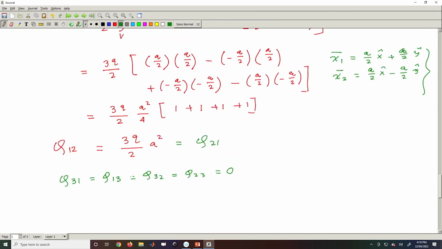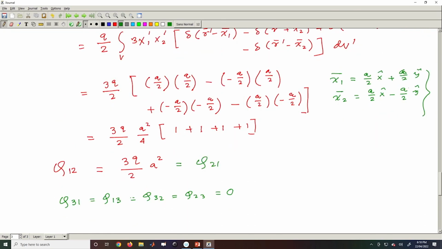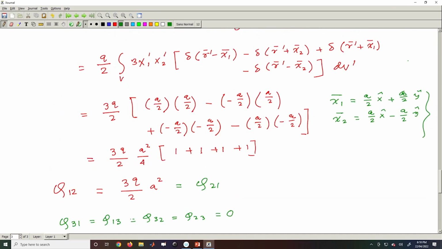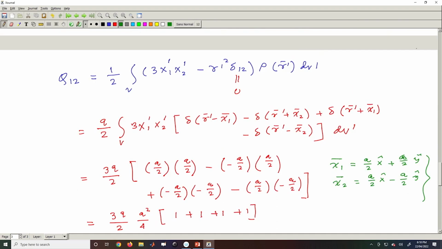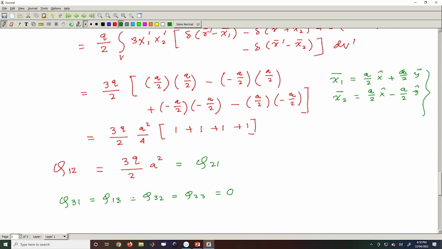Why? Because this is two dimensional, there is no z component sitting here, right. Since there is no z component, whenever I have x3 in this picture, these things will be 0 for all the cases.